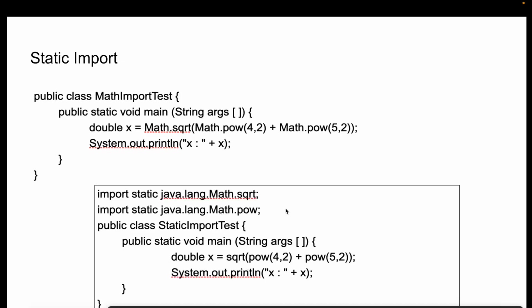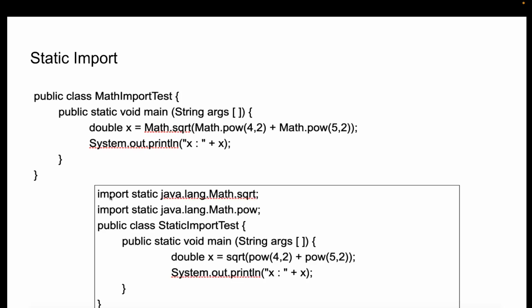See, there are two ways. Here I had shown you this way, right? Math.pow. When we were using that statement, we had used it in this manner, right? Math.pow.